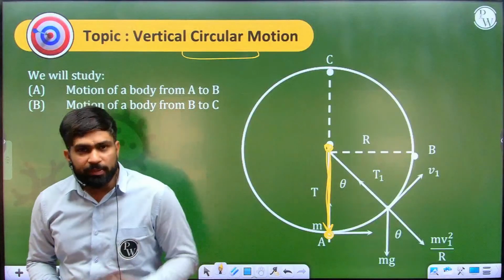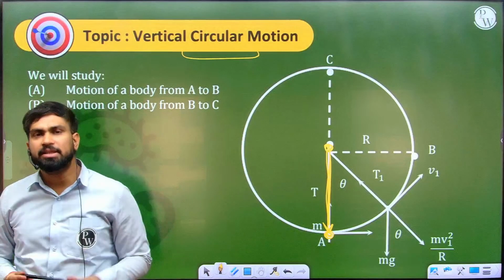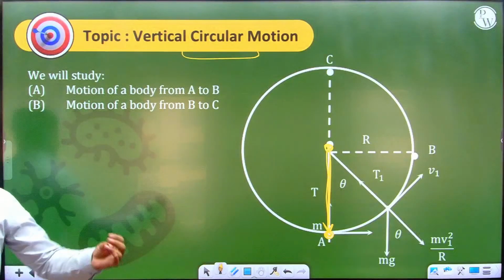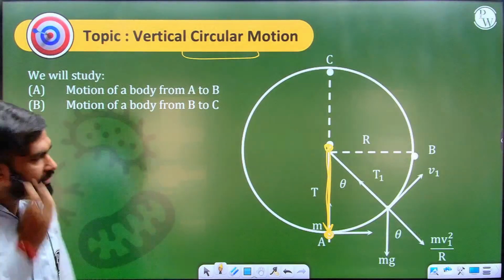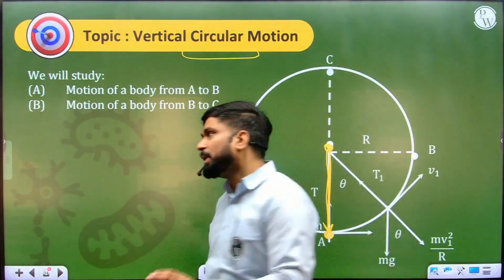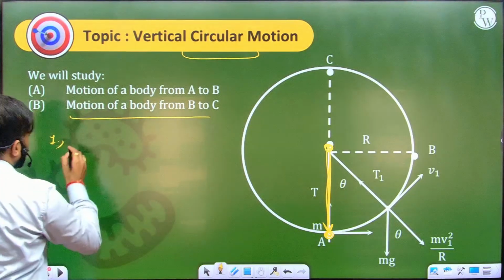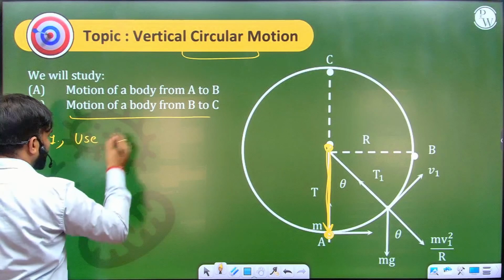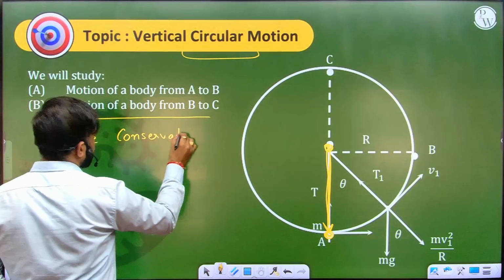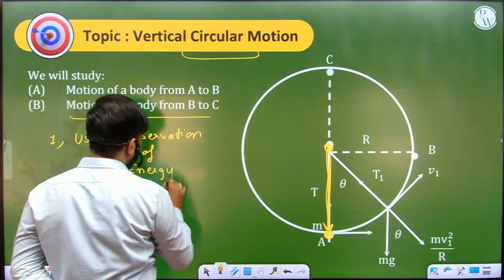So what velocity should be given at the bottommost point so that it can complete the vertical circular motion? And suppose the velocity is not sufficient, so what can happen? If the velocity is more, then what can happen? These are the various scenarios which you have to analyze in the problems. Keeping this in mind, what equations do we follow? So first thing is, you need to use the work energy principle or conservation of energy.